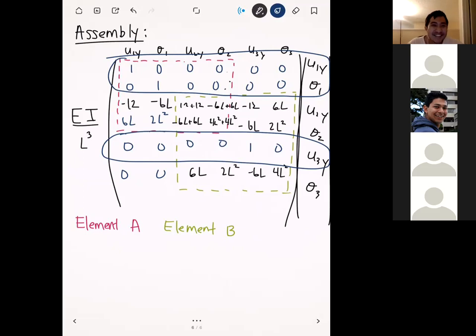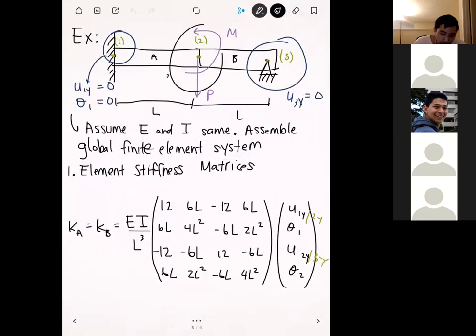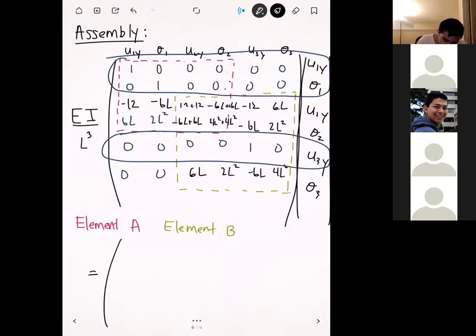At least this is it for the supports. But we have to add our loads in. But our loads are simple, right? For our loads, remember, we're just going to put those into the rows that they act. In this case, we have loads that act on node number 2. So when we do our load vector here, since we don't have any loads that are acting on nodes 1 and 3, we can just leave those empty.